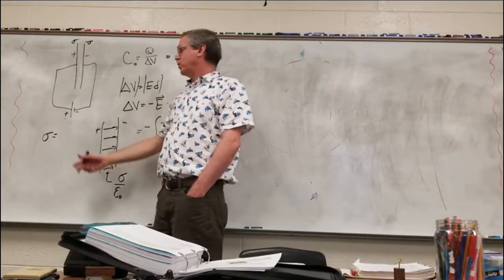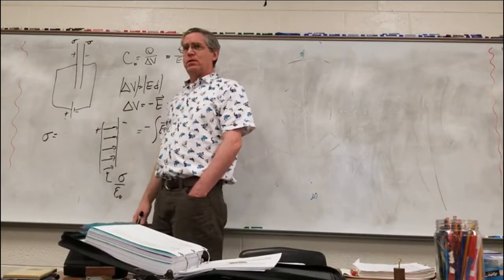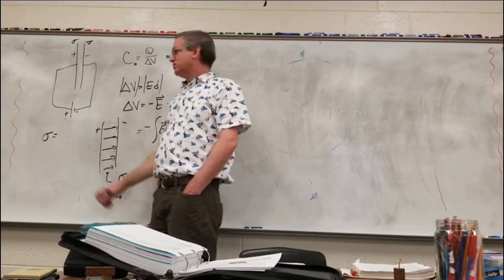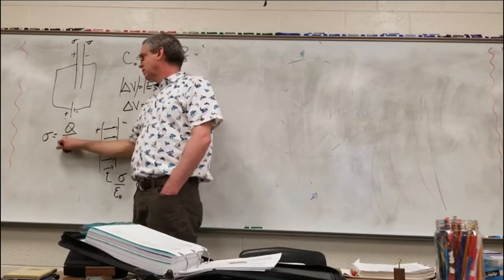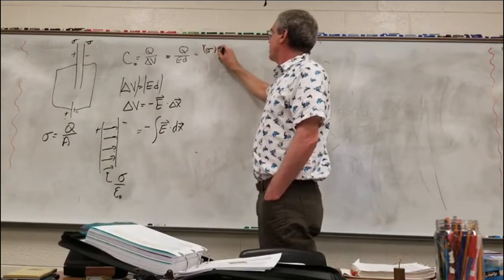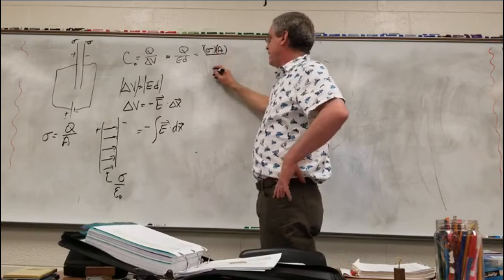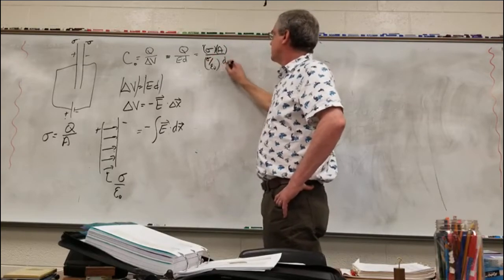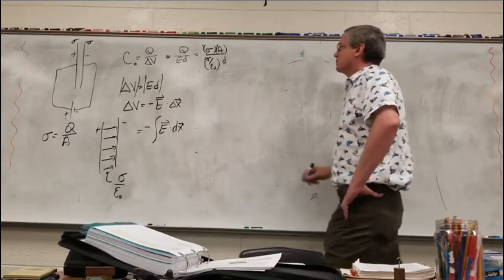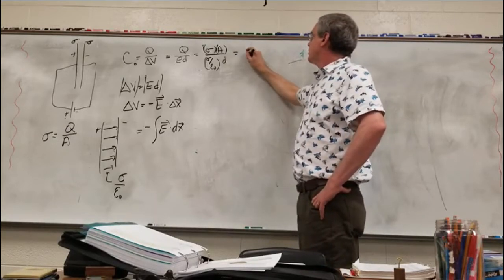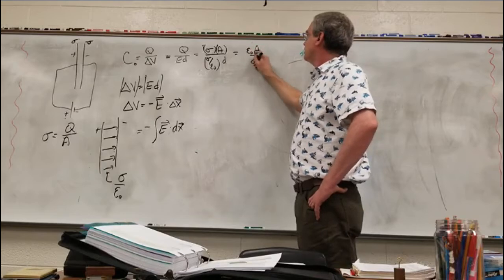What would you need to know in order to find sigma? Q over A. Thank you. So the charge is sigma times the area of a plate divided by sigma over epsilon naught times the distance between the plates. The sigmas cancel out, and you're left with epsilon naught A over d.